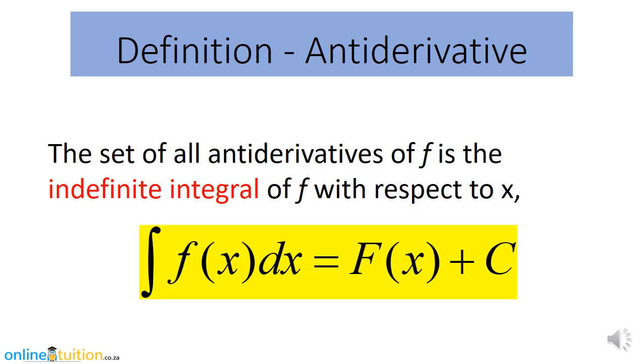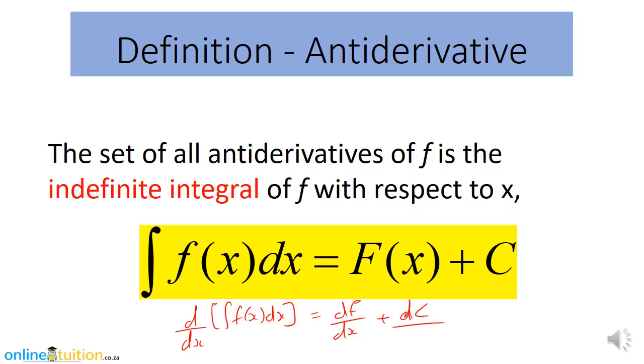Now this is interesting, because if I differentiate both sides of this, what does it tell me? Just want to remind you, with respect to x, d dx of the integral of f of x dx, that's what it's called, integral, is equal to d of F dx plus d of C dx.